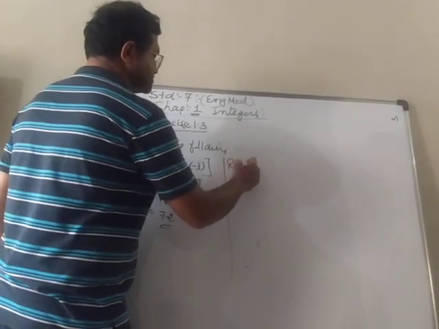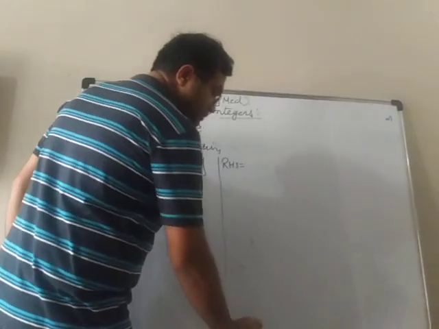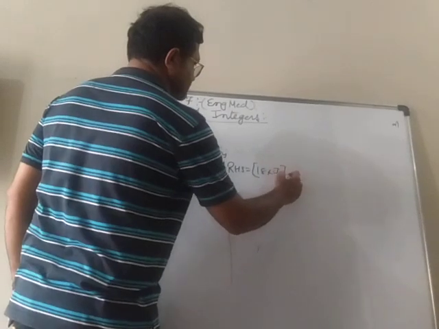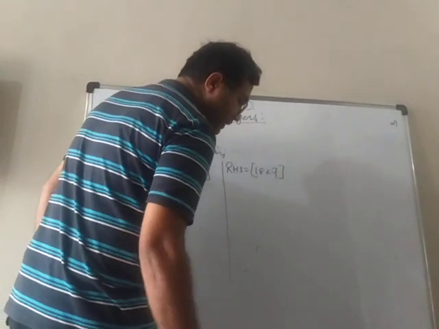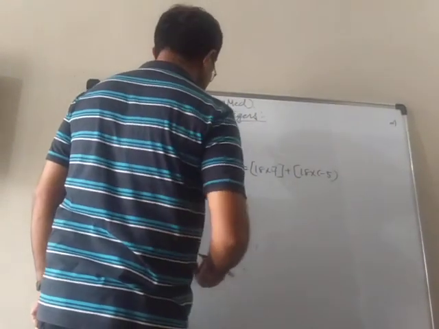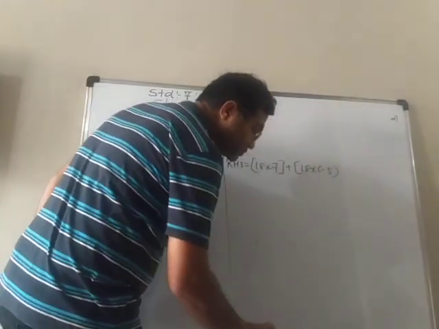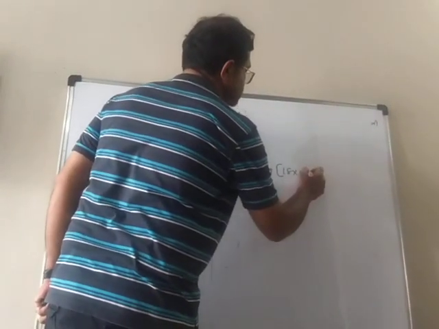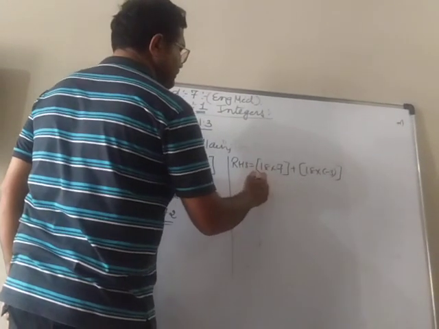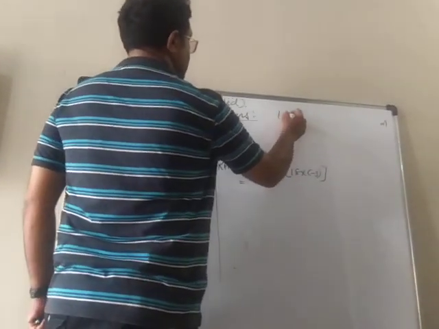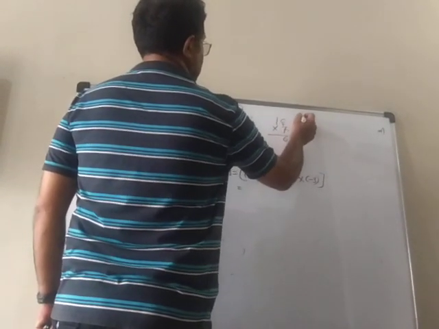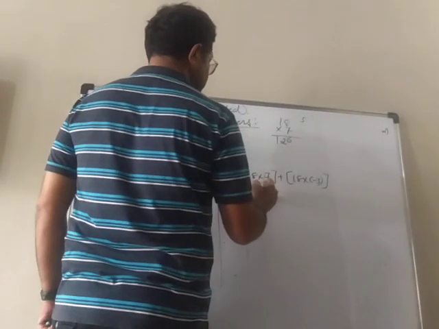Now take the RHS, right hand side. The RHS is bracket 18 multiplied by 7 plus another bracket 18 multiplied by minus 3. So here we have to multiply first. 18 multiplied by 7 is 126.